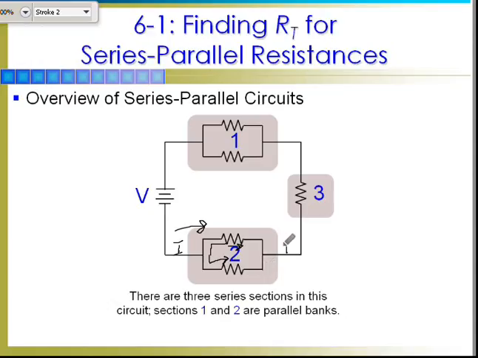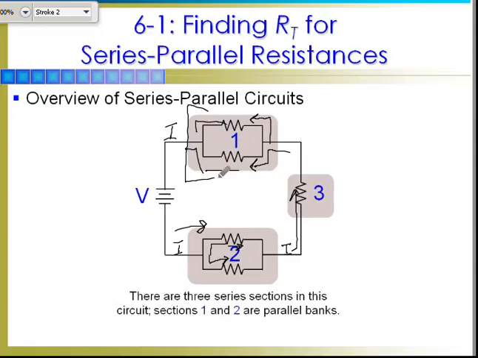It will then come back together, going through R3, and it will split again, going through bank 1, and it will come back. So overall, it is a series circuit.